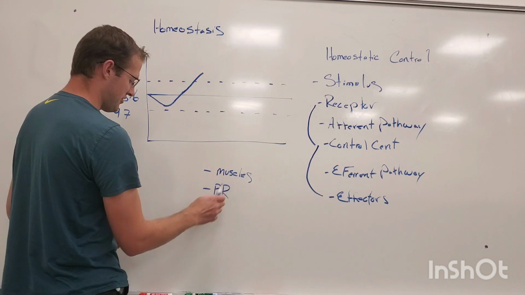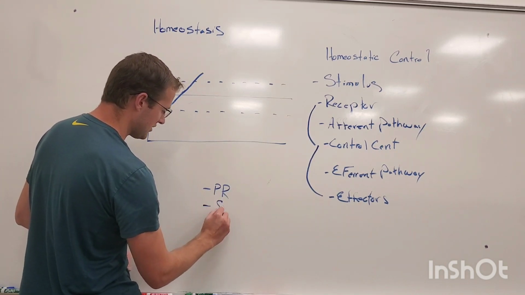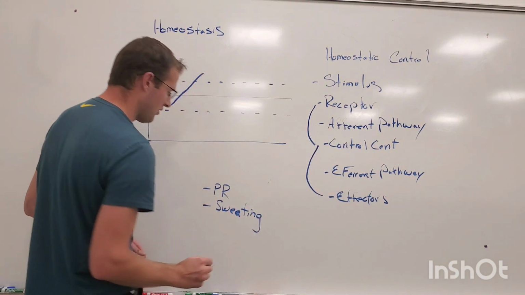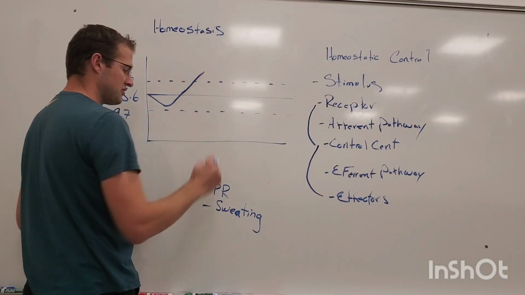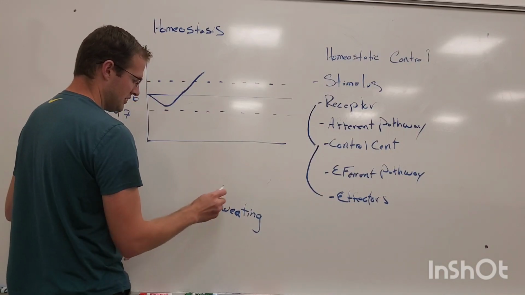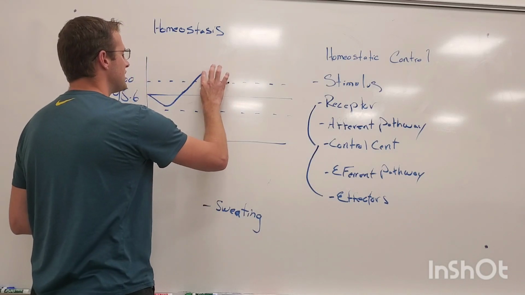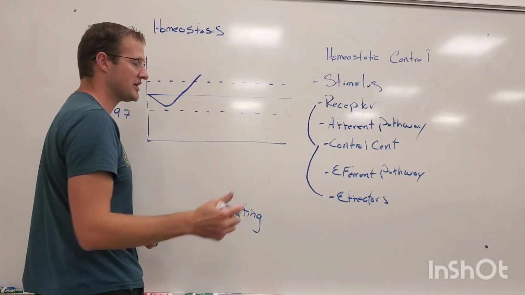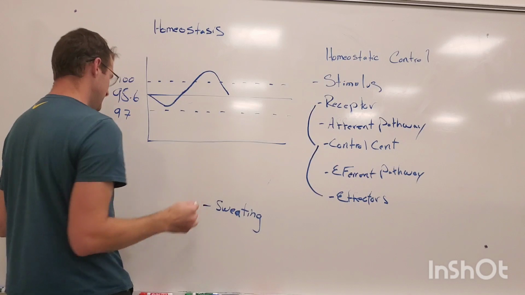Peripheral resistance would be an effector in this case, and also sweating. So our arteries are going to be open, pushing blood out towards the extremities to take advantage of evaporation and cooling, and we're also going to have some sweat to help in that as well, trying once again to bring us back towards our set point at 98.6 degrees.